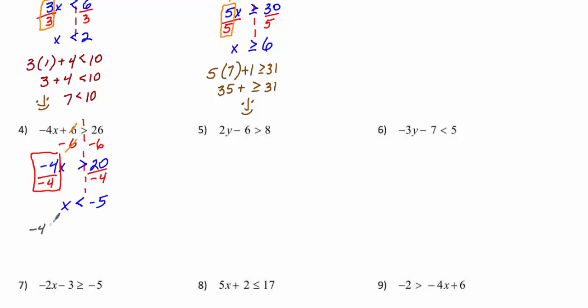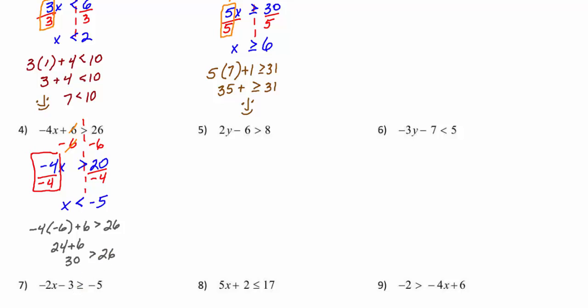Negative 4 times negative 6 plus 6, is that greater than 26? Well, negative 4 times negative 6: 4 times 6 is 24, and negative times negative is a positive. Plus 6, 24 plus 6 is 30, and 30 is definitely bigger than 26.